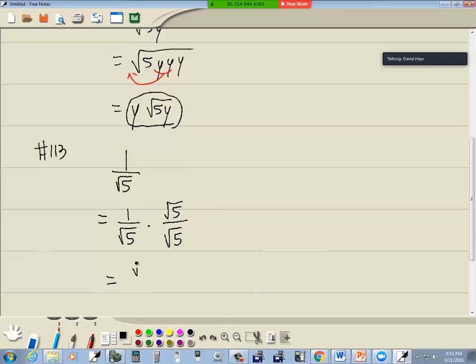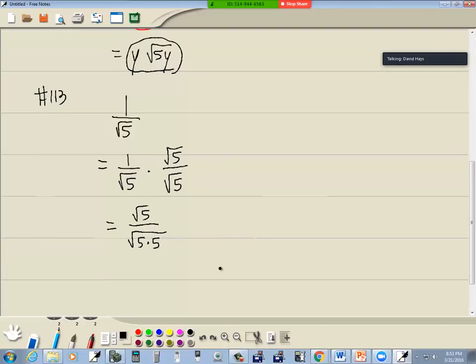1 times square root of 5 is square root of 5. And square root of 5 times square root of 5 is square root of 5 times 5. Remember, when you're multiplying two radicals together, you multiply what's underneath the radicals, put them underneath a single radical. But this is specifically a square root, which means we're looking for a pair of somethings.